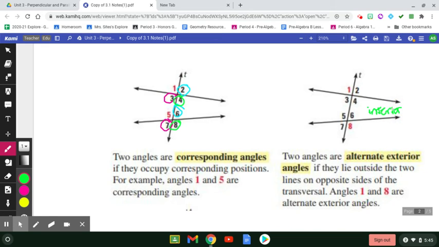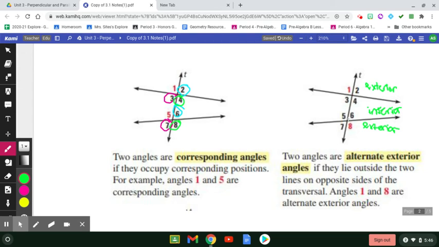That means if you're on the outside of these two lines, you are in the exterior. Just like you'd be on the outside here. Okay, so that's the word exterior. The word alternate means on opposite sides. So again, we have this transversal that's cutting through, right?